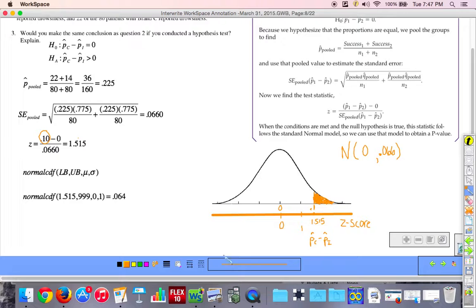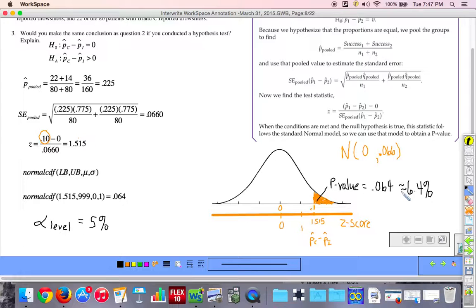So here, my p-value is equal to 0.064. Now notice there was no significance level given in this problem. So if there's no significance level given, we look at our alpha level equal to 5%. So because our p-value is actually 6.4% roughly, we would say, oh, we have a high or a large p-value.